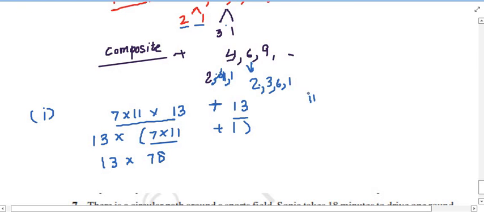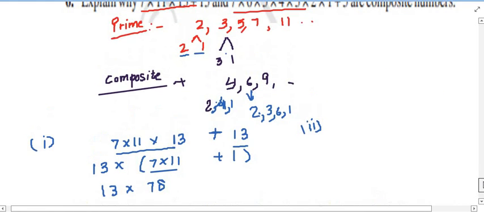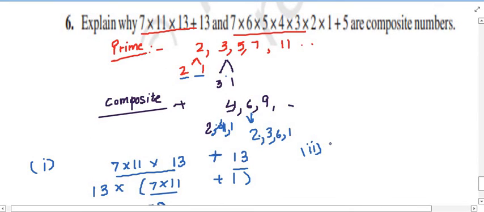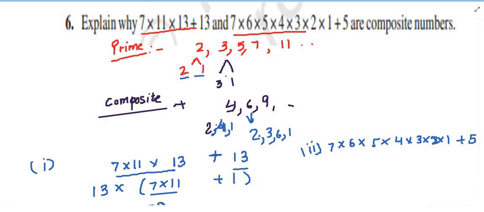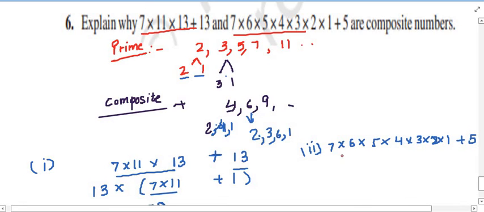And for the second part we have 7 times 6 times 5 times 4 times 3 times 2 times 1 plus 5. Again, by using the property, if we see both of them have 5 as a common factor, so take out 5.